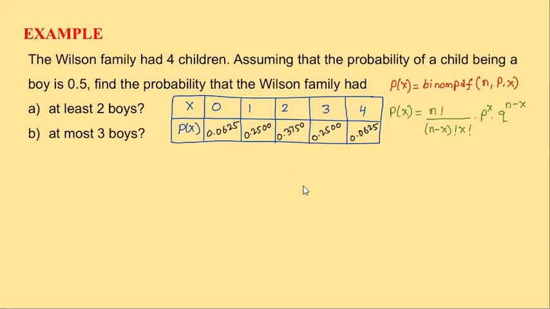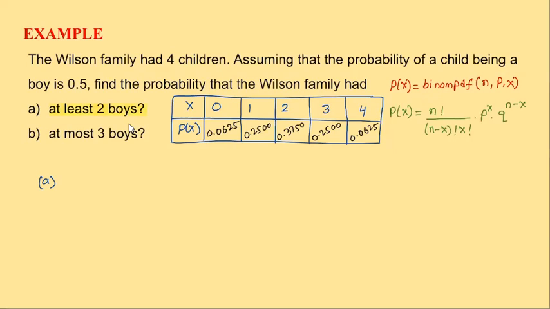Okay, now once this table is ready, it is easy for us to answer these questions. So let's look at part A. In part A, we have to find the probability that the Wilson family had at least 2 boys. When we say at least, that is 2 or more.